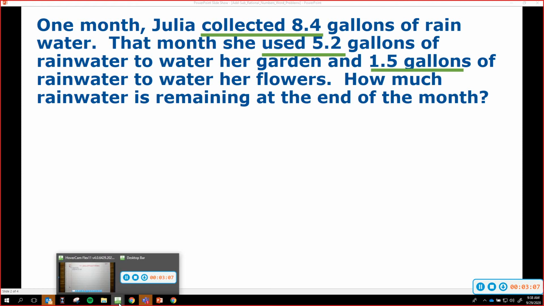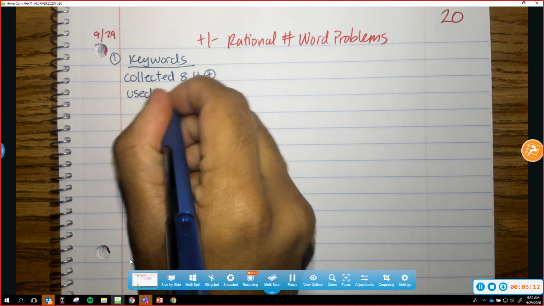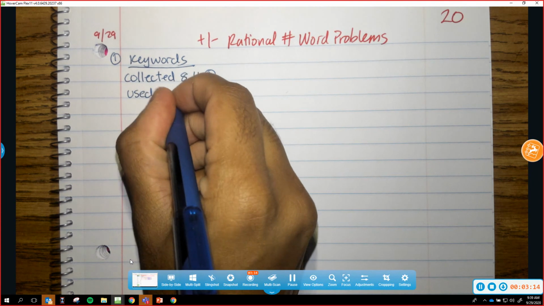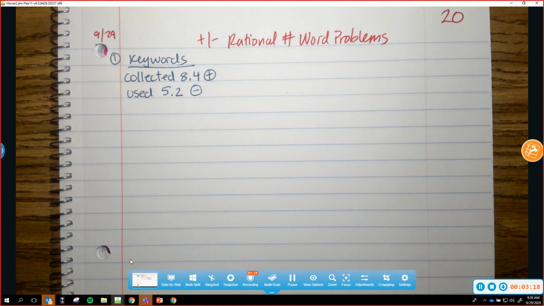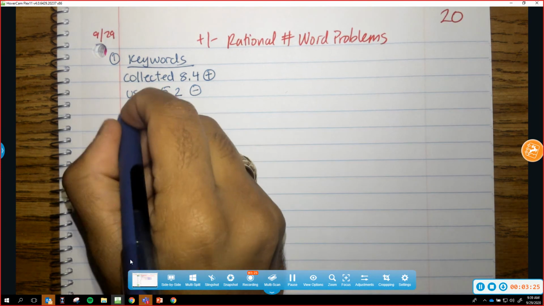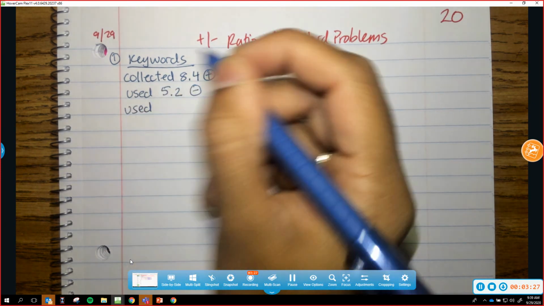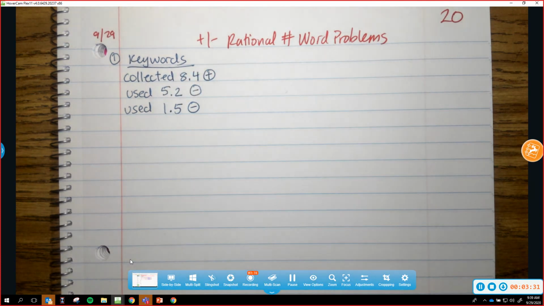Sorry about that. But that's good to know. We used 5 2/10 gallons. So that's a negative number, right? Because it's decreasing in that amount. I'm not gaining 5 2/10 gallons. I'm losing that amount. I'm also using 1 5/10 gallons. So again, I'm losing that amount.